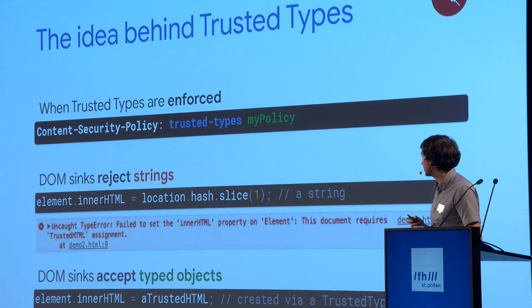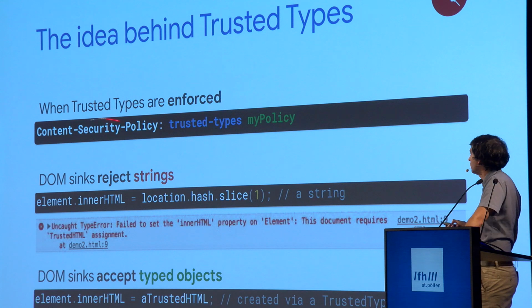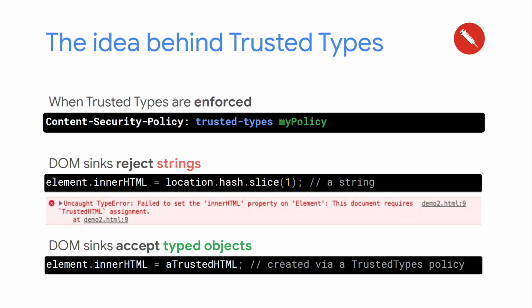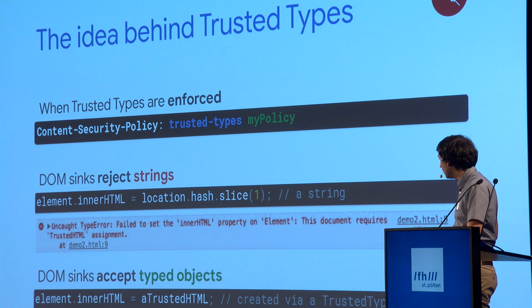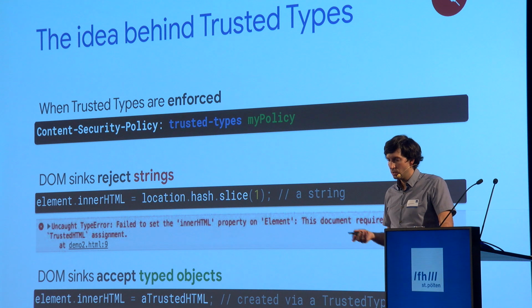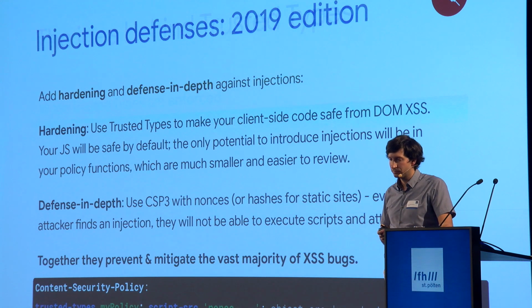So this makes it very tractable, and it's delivered via CSP as well. It uses CSP as a delivery mechanism, and you just enable it with trusted types, and then the policy names you use to create. I skipped a bit of technical content here because of timing reasons, but the TLDR is, if that's enabled, string assignment to innerHTML will be blocked by the browser, and only TrustedHTML objects will be allowed to be assigned and executed.